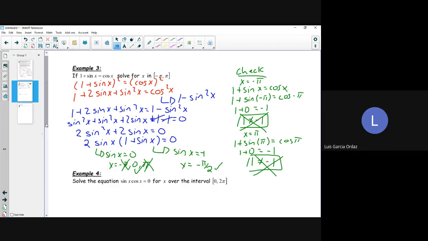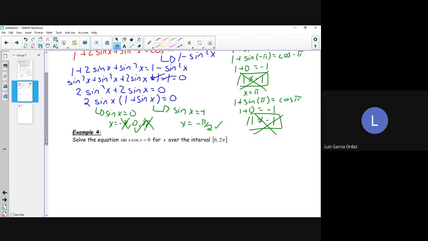And when we do this, these are called extraneous roots. So these are the roots that we obtain when we change the nature of the equation being solved.